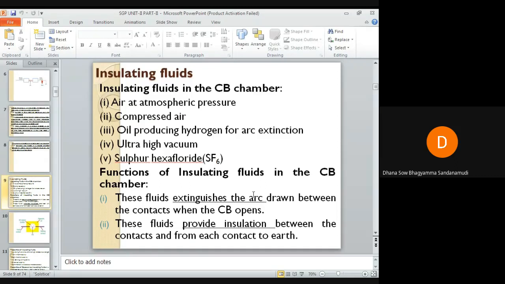The function of these insulating mediums is that they must extinguish the arc that is struck between the contacts as soon as the moving contact moves away from the fixed contact, and they must also act as a dielectric medium between the contacts.